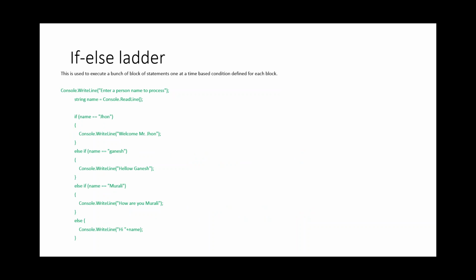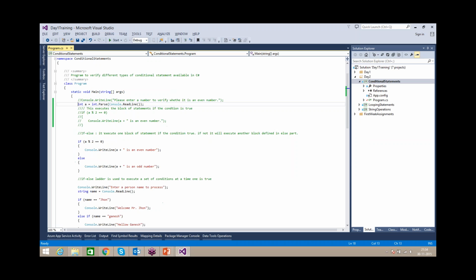But with the if else ladder you can define a number of conditions. Whichever is true, it will execute that block. If nothing matches the conditions, it will execute the last else block. That is the if else ladder. We have an example for that too.